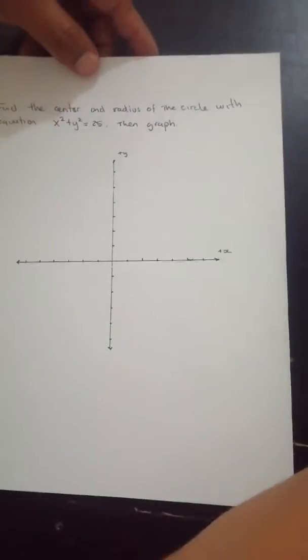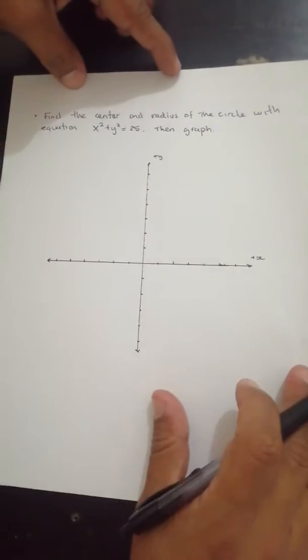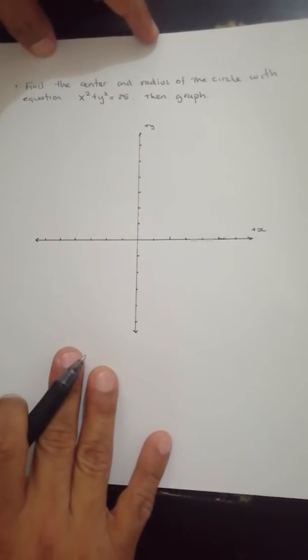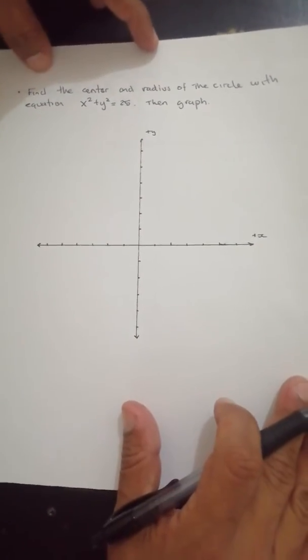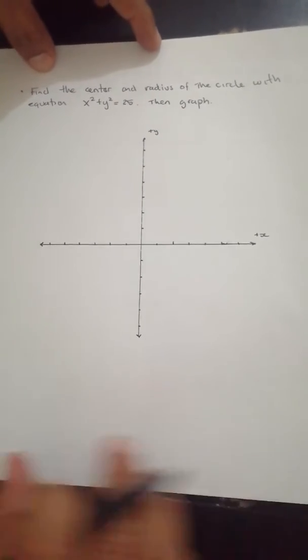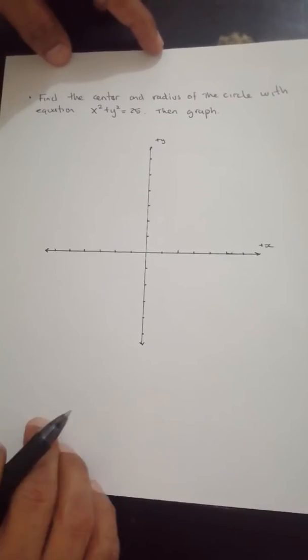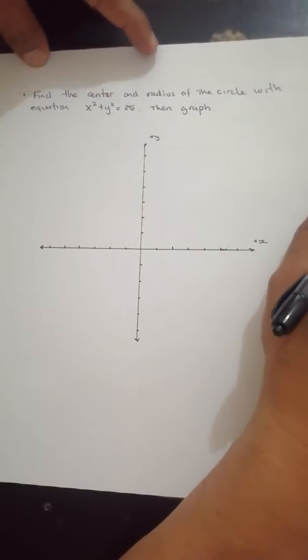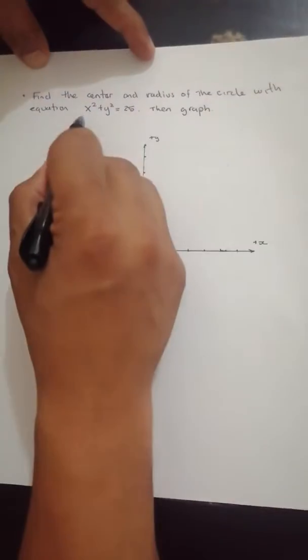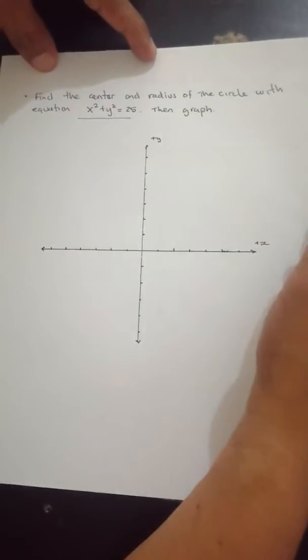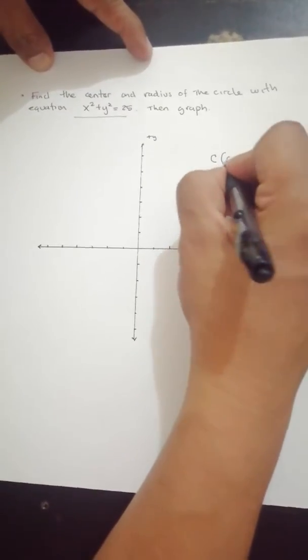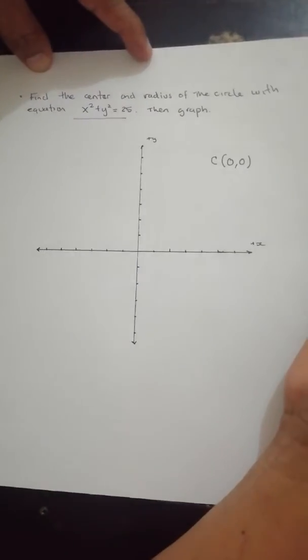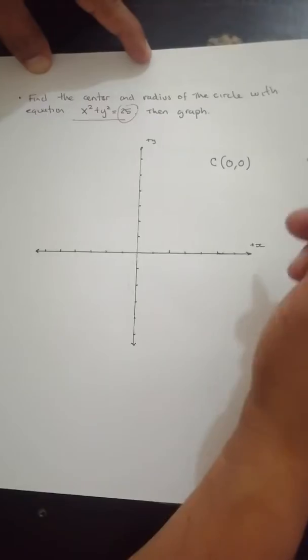Okay, the next exercise now is find the center and radius of the circle with equation x squared plus y squared equals 25. I don't know how many of you remember the first example I solved. Since the equation is written in that form, we know that the center will be located at the origin. And the square root of 25 is 5.